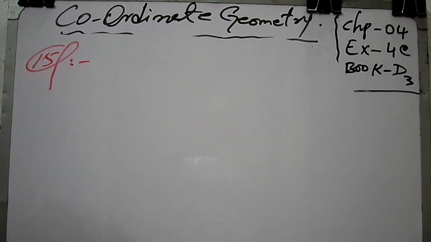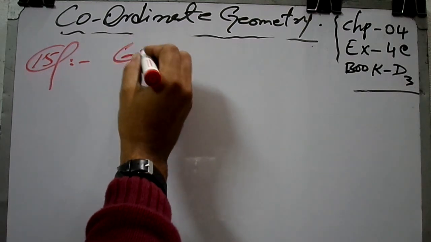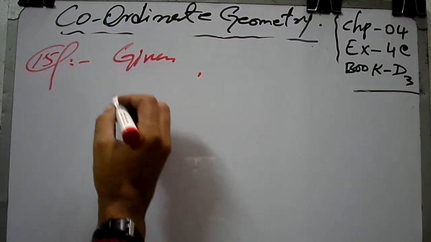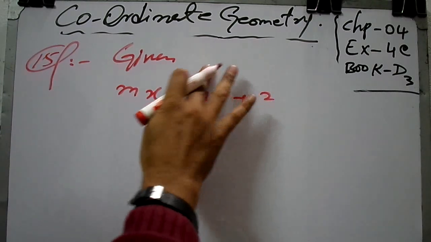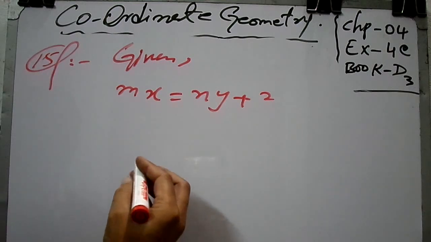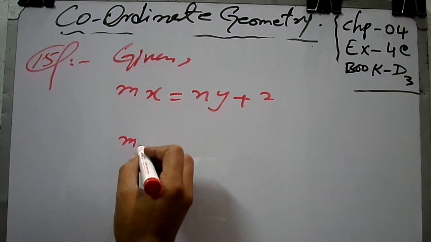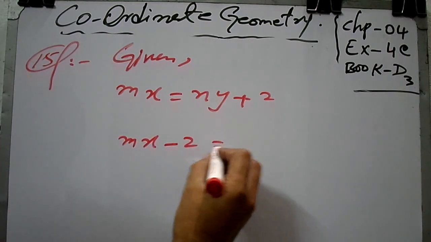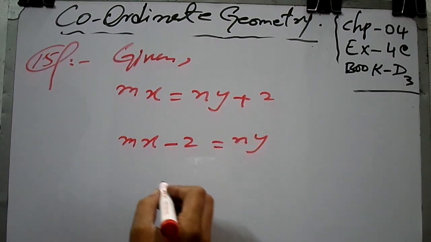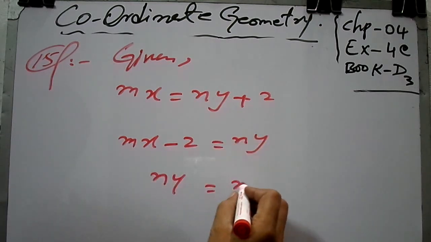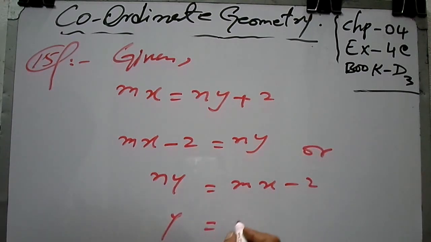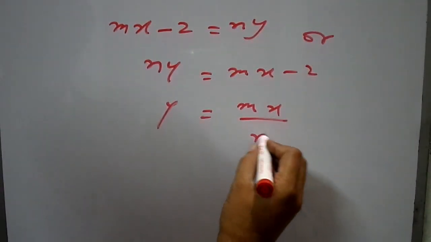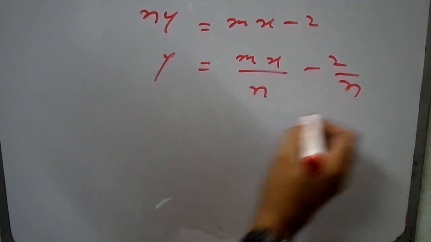So this line is given to us: mx minus 2 is equal to ny. So ny is equal to mx minus 2, or to calculate the value of y, y is equal to mx by n minus 2 by n.